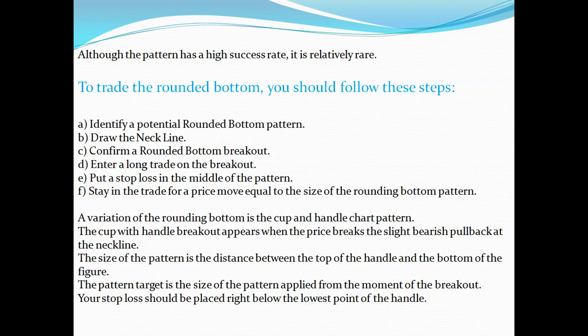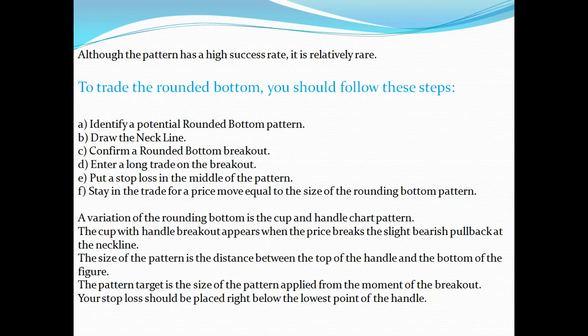A variation of the rounding bottom is the cup and handle chart pattern. The cup and handle breakout appears when the price breaks the slight bearish pullback at the neckline. So this is the difference. I am going to cover cup with handle also. The size of the pattern is the distance between the top of the handle and the bottom of the figure.